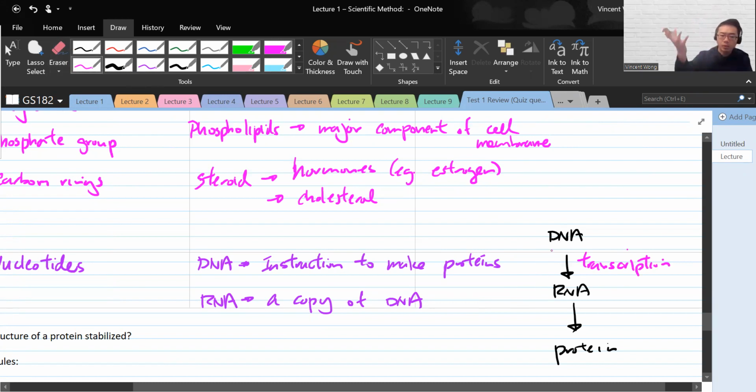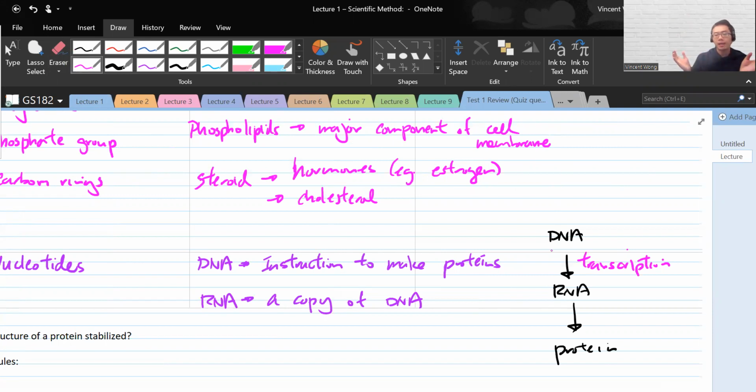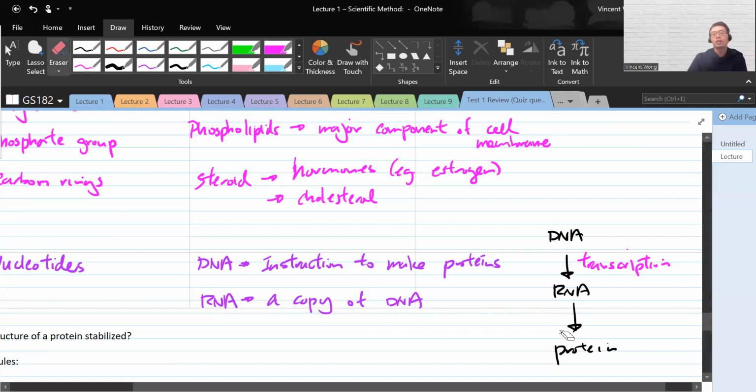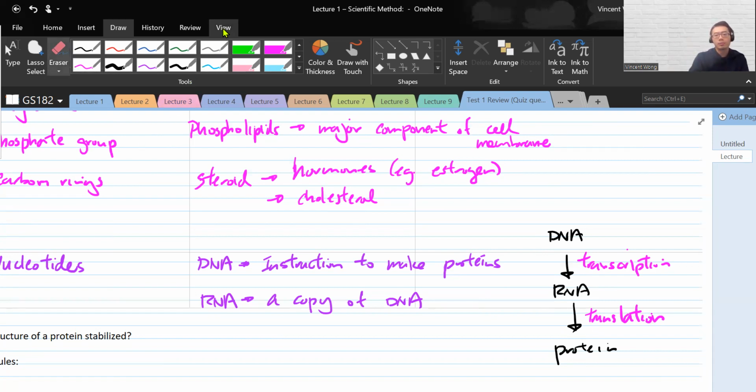We don't want to take the whole DNA out of the nucleus. It's too big, and we can damage it. So you only copy what you need. Once you have it, it goes out to the cytoplasm. The ribosome will come, and then we can do translation. That converts it into protein. It reads the instruction in the RNA to create a protein.